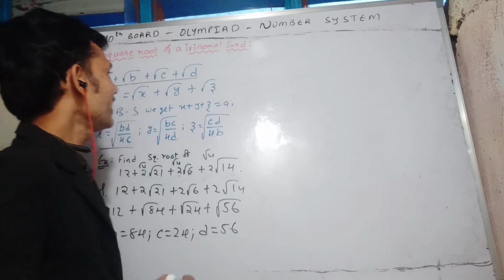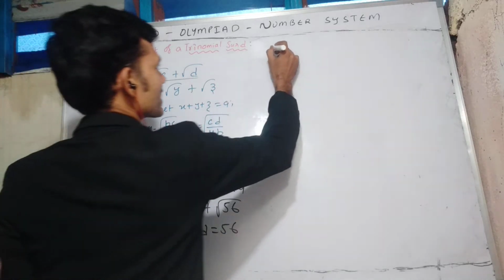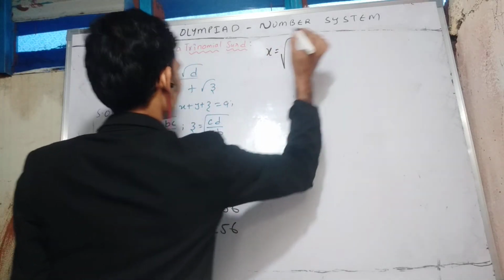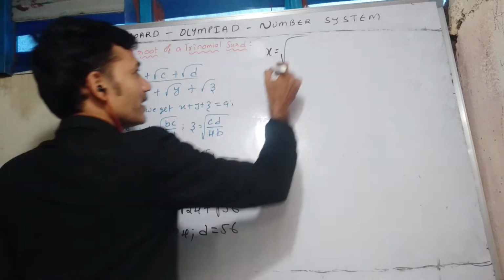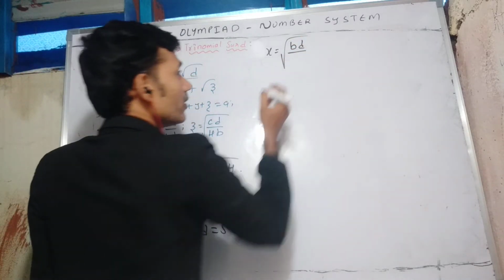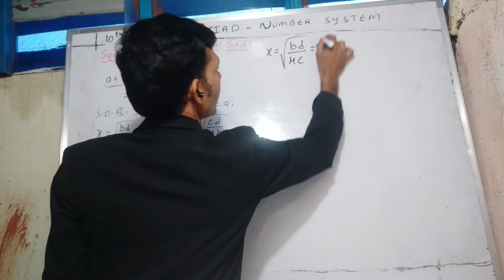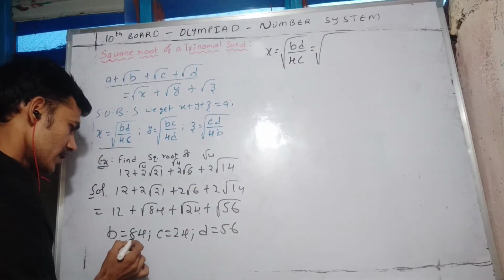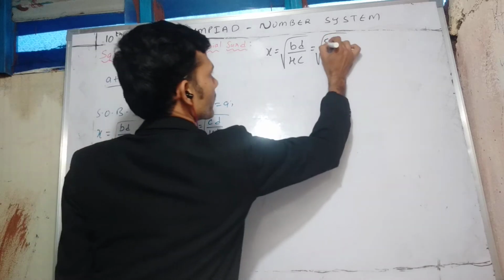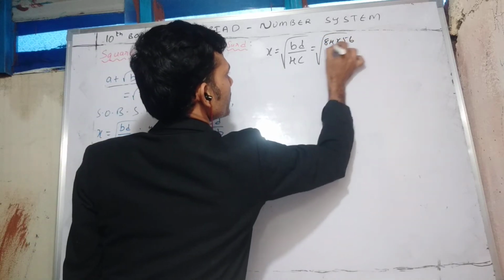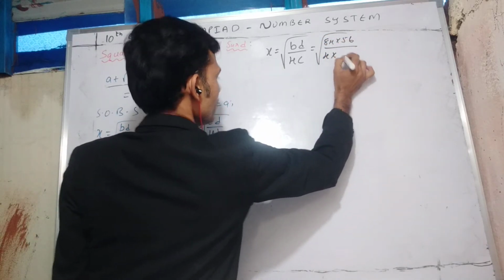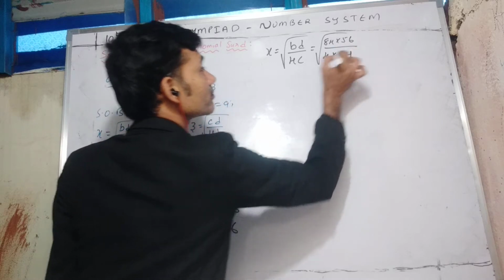Okay, see, now we'll calculate x, that is b times d upon 4c. What are b and d values? 84 and 56, upon 4 times c. C value is 24.